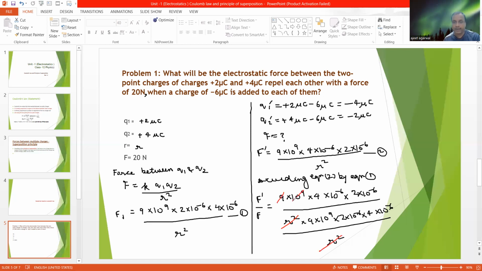Similarly, 9 into 10 to the power 9 cancels out. Both 10 minus 6 will cancel out. Okay. 4 will cancel out and 2 will cancel out. So you can see all the terms are getting cancelled. So the new force will be equal to the original force. That will remain the same.